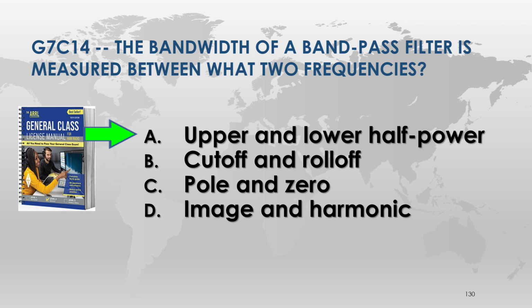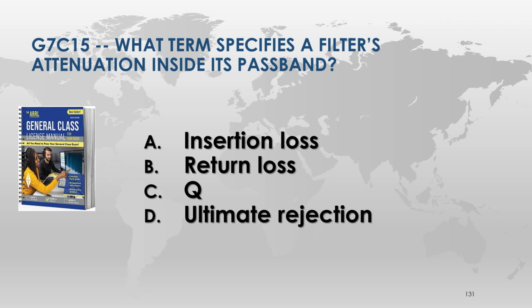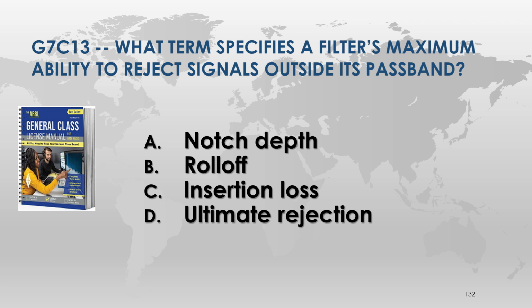I hate that question, but that's the one they want you to answer. What term specifies a filter's attenuation inside its pass band? So if this is the part it's passing, what's the attenuation inside where it's passing? I got an alpha. Anybody else? Insertion loss.